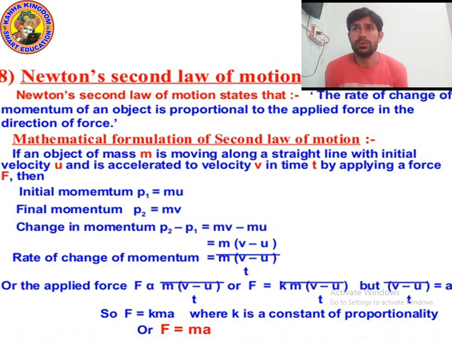So second law of motion explains that the rate of change of momentum of an object is proportional to the applied force in the direction of force. Means the rate of change in momentum, momentum which is changing with time, will be directly proportional to the force.